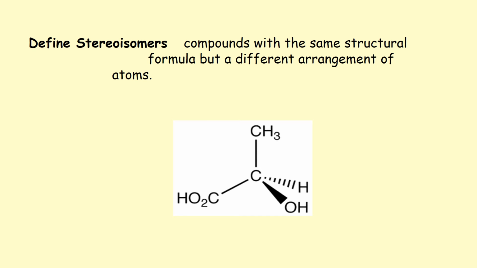It also has 3 different types of lines: the dotted line, a solid wedge, and a single line. These show, like we learned in year 12, the dimension. It gives dimension to this compound.